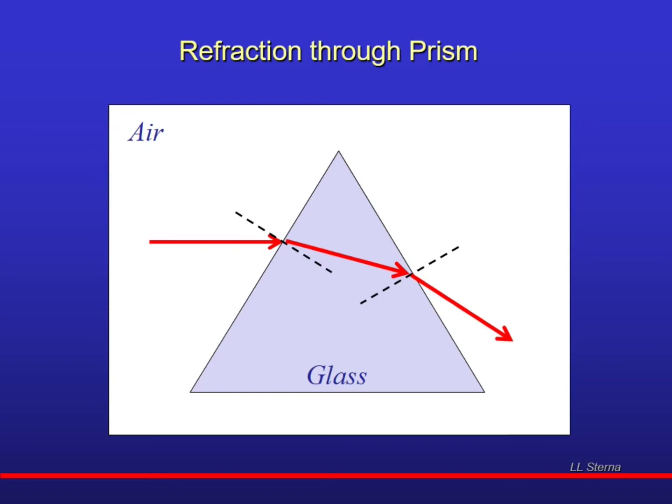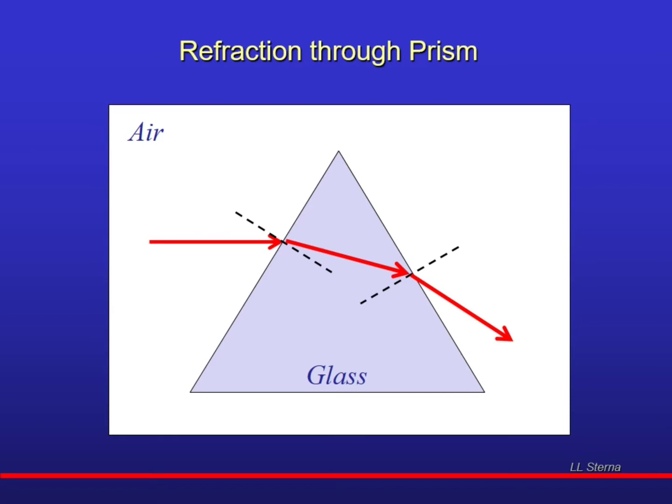Now imagine if I flip this prism upside down and send the ray to it from the left, it would bend upward. So understanding that path bends down for this prism, if we flipped it upside down, it would bend upward. It's going to be very important when we come to lenses and how light is refracted through lenses.